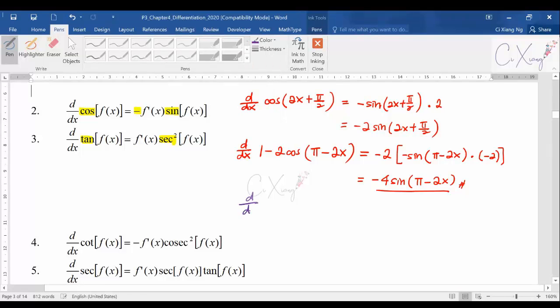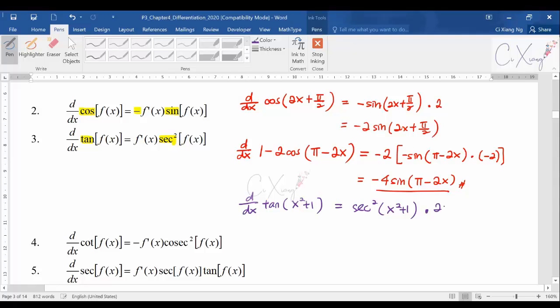Let's say I want you to do the differentiation for tangent of x squared plus 1. How to do it? Again, differentiate tangent, what do you get? You get secant square. Then you copy back the angle. Then multiply with the derivative of the angle that you have.